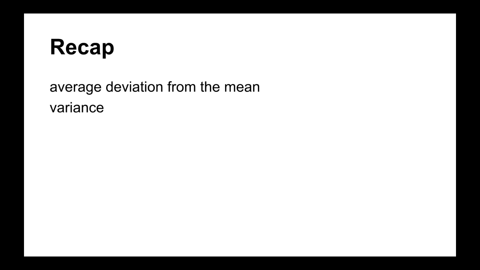So let's recap. We have the average deviation from the mean, which was the absolute magnitude of the deviation, so our deviation ends up being something other than 0. We have the variance, which is going to be the square of the differences. And then we have the standard deviation, which is the square root of the square of those differences.